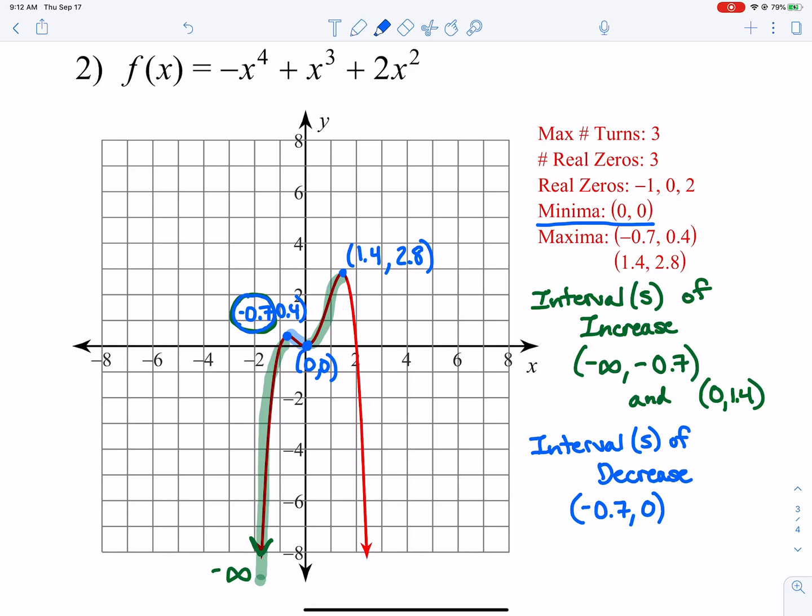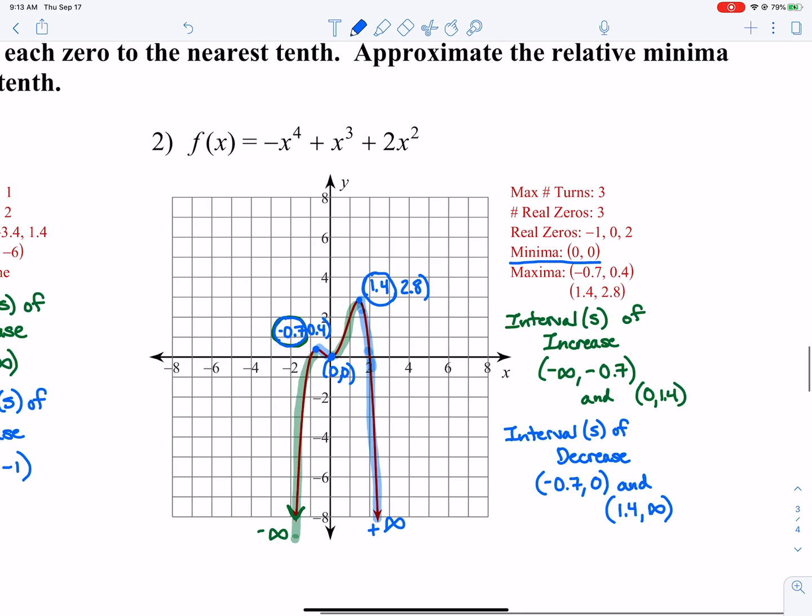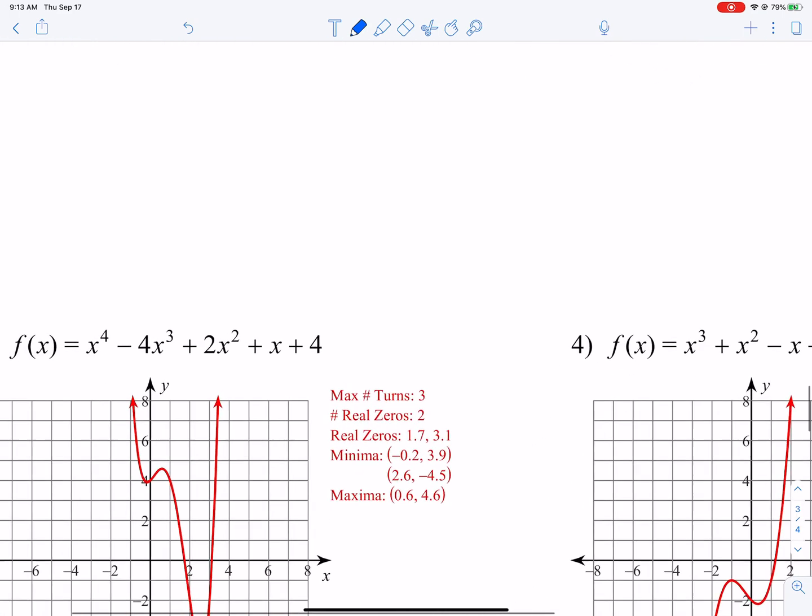And then another interval that's going down or decreasing is going from x equals 1.4, and then it's going to continue to the right forever. So we would say that it's decreasing from 1.4 to infinity. So for this graph, there were 2 intervals of increase and 2 intervals of decrease. There's no limit to how many intervals of each that you could have in a graph.